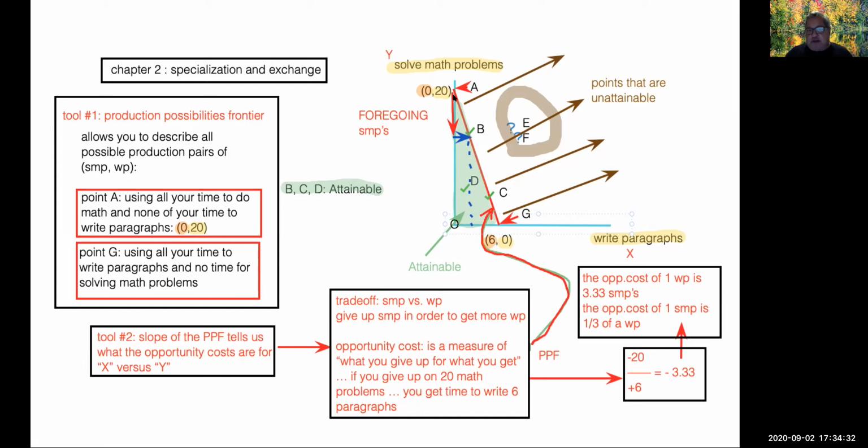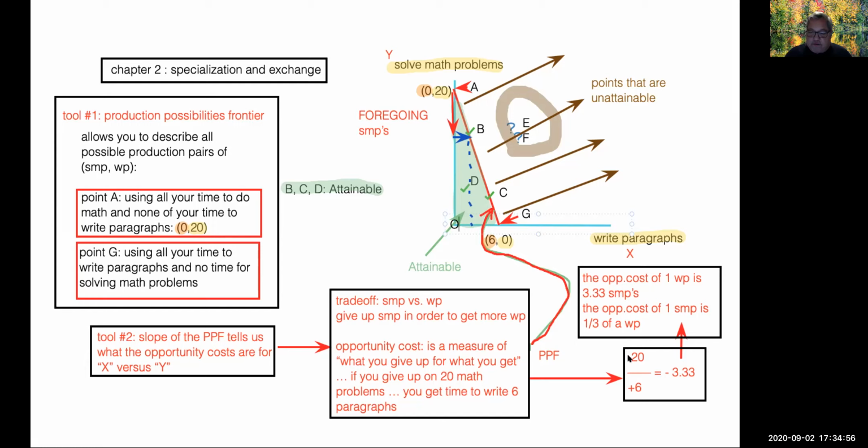And by similar triangles, therefore, I could go from a height of 20 down to a height of 0, meaning I can forego as much as 20 different math problems solved. And if I give up doing that, I get enough time to write 6 paragraphs.